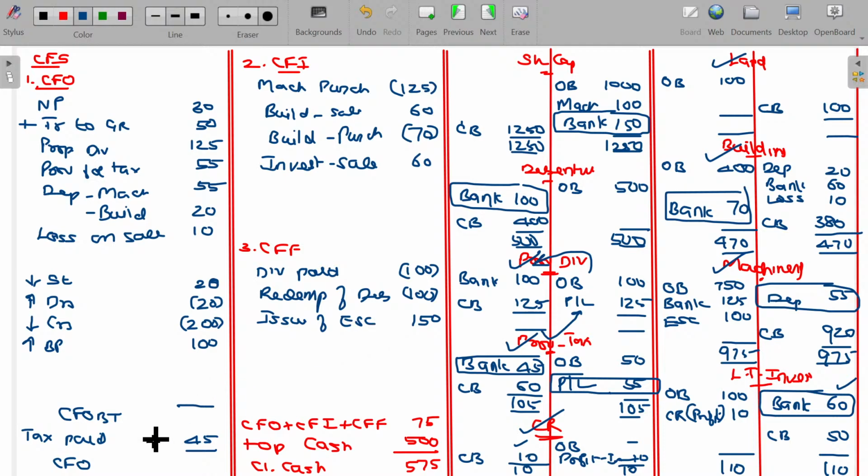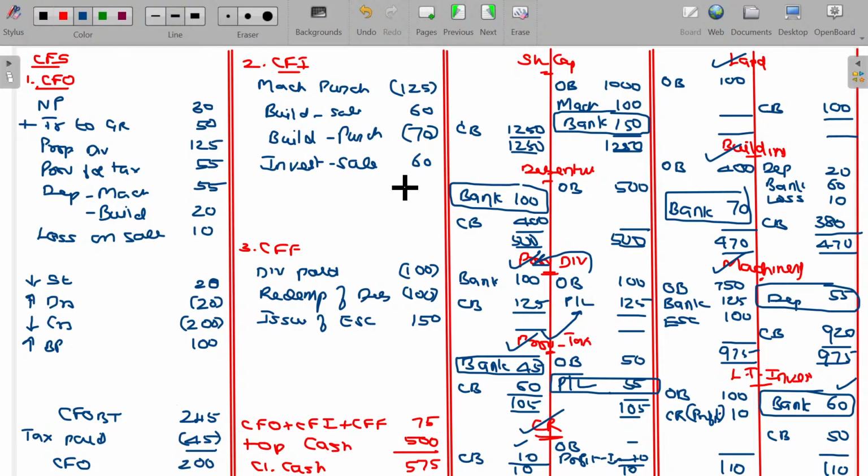Come on, find out the cash from operation before tax. I think 245. Tax paid is subtracted. Cash from operation 200.